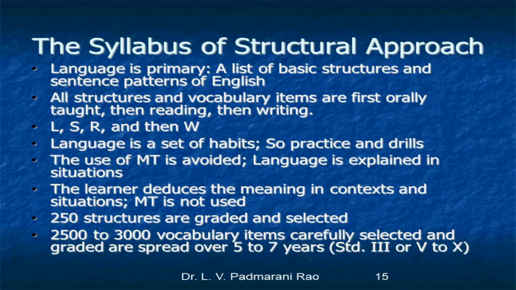All these structures are distributed so that by the end of the 10th standard, the student masters at least 250 to 270 basic structures of English, along with 2,500 to 3,000 basic vocabulary items of English, thereby achieving the mastery of the language.